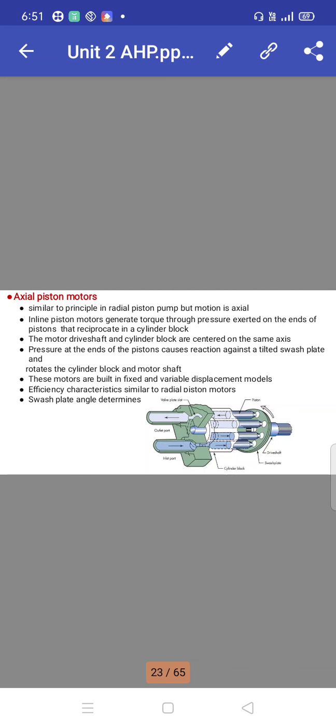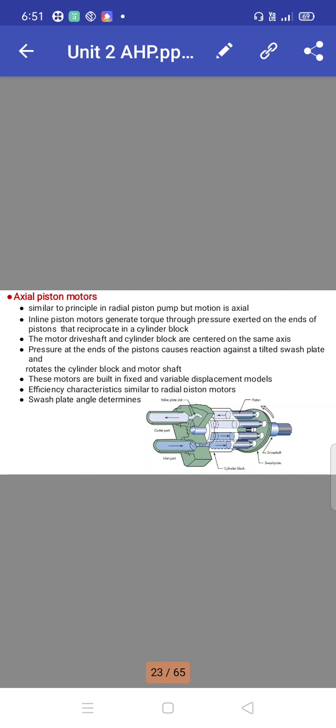Axial piston motors. Similar in principle to the radial piston pump, but the motion is axial. Inline piston motors generate torque through the pressure exerted on the ends of the pistons that reciprocate in a cylinder block. The motor drive shaft and the cylinder block are centered on the same axis.